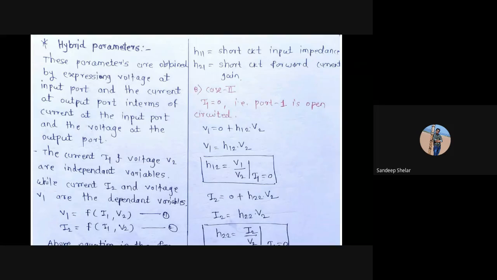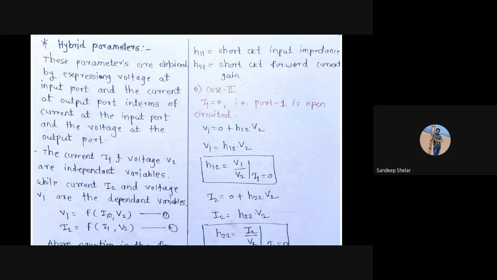That means the voltage V1 depends on the output voltage V2 and the current I1.